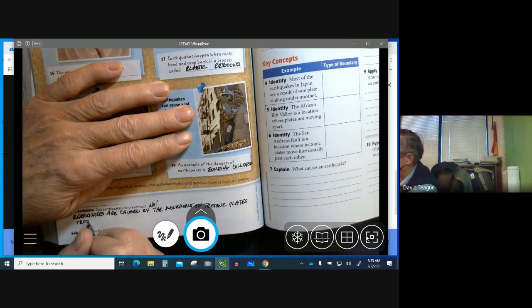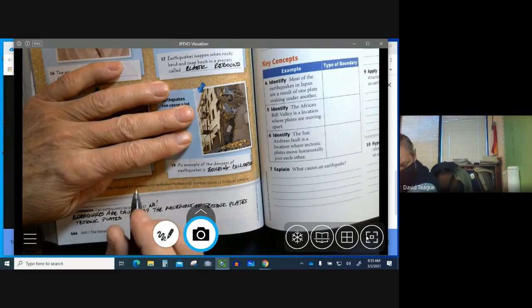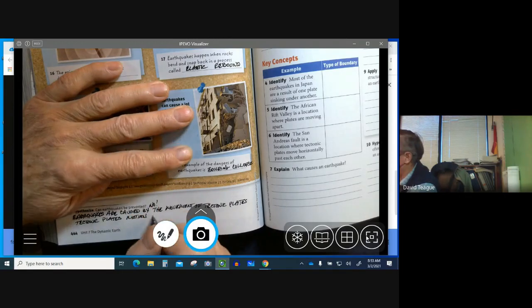Tectonic plates' motion cannot be stopped.